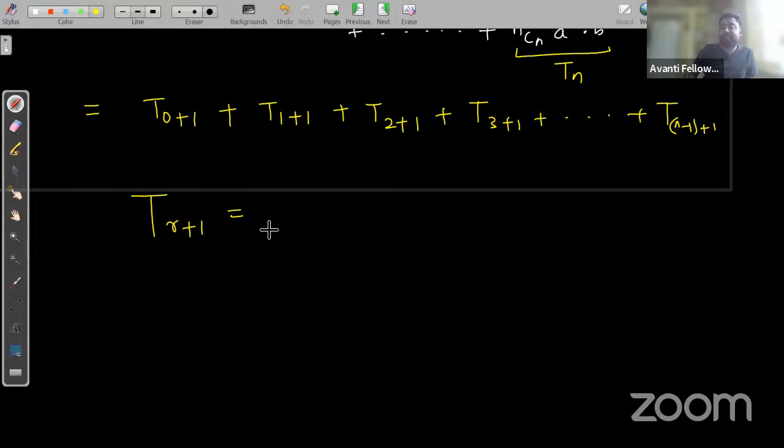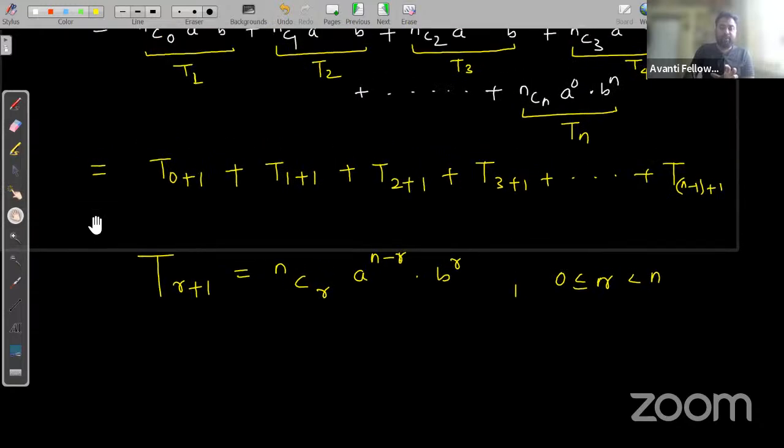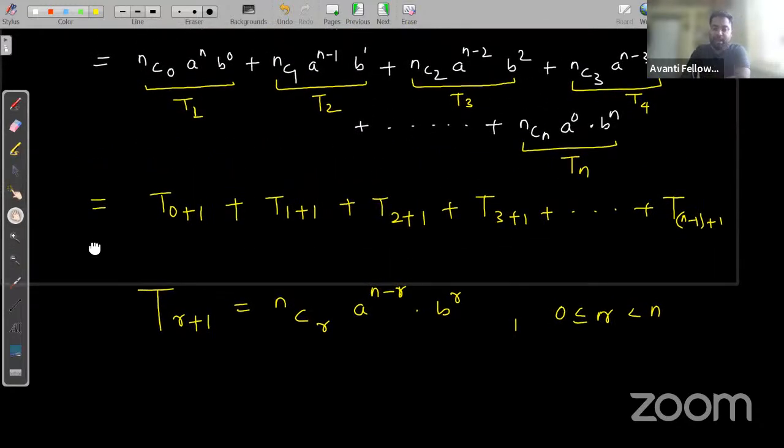That is nCr a to the power n minus r into b to the power r, right? Where r lies between 0 and n. So this is my general term of the binomial expansion.